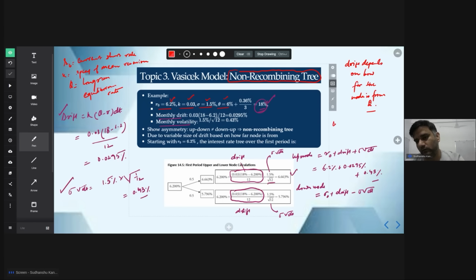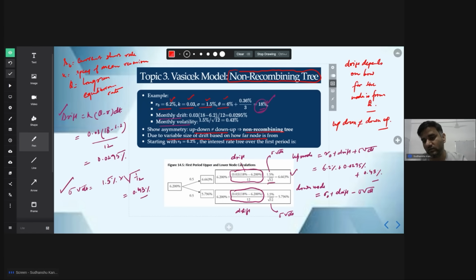If you move up down, it is not equal to down up, because the drift depends on how far the node is from theta. Meaning the tree does not recombine. So up down is not equal to down up. We get non-recombining trees due to the variable size of drift.